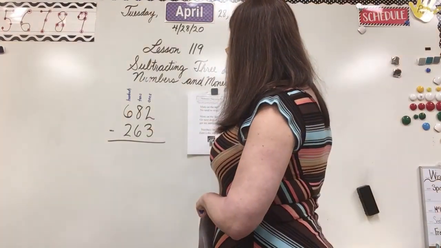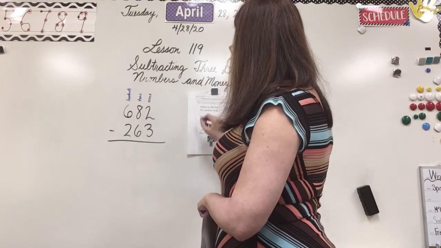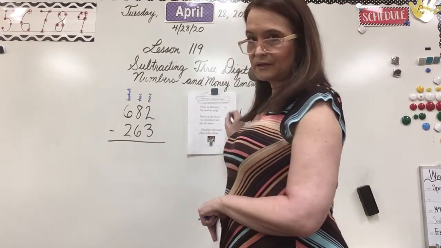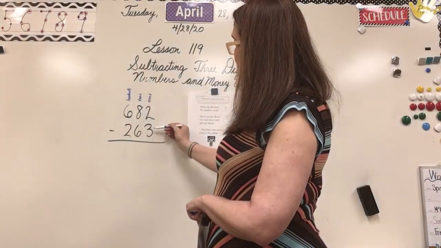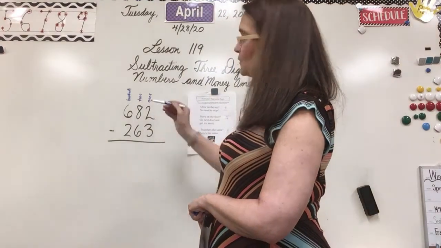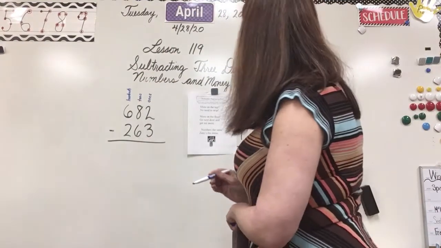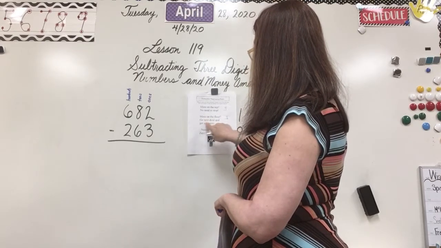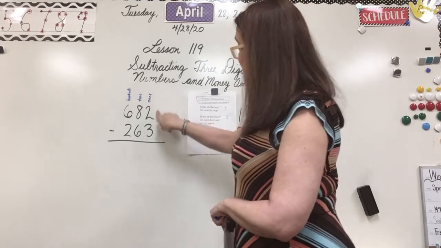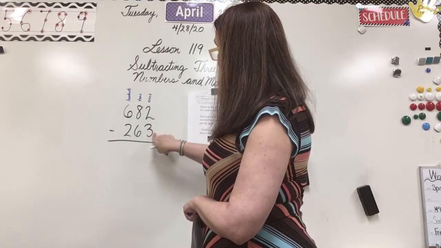So we need to be aware of our poems over here because they really give us a good clue how to do it. So if we look at this, can we take 3 ones from 2 ones? And the answer, of course, is no, because when there's more on the floor, I have to go next door and get 10 more. So that's exactly what I'm going to do because there's more on the floor.